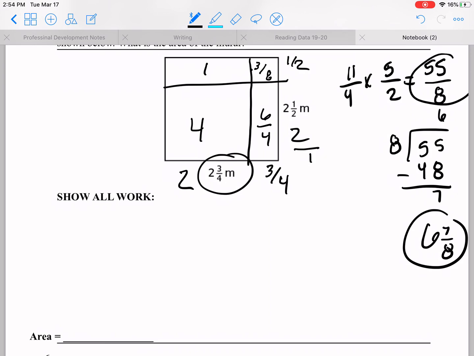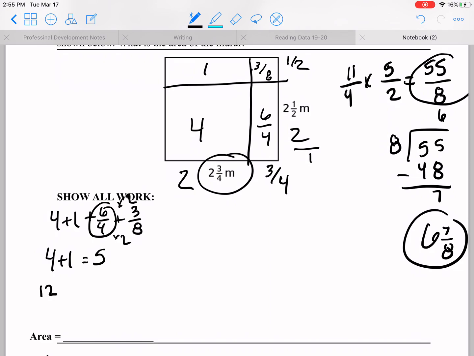And this one's not too bad because I end up with 4 plus 1 plus 6/4 plus 3/8. So the only denominator I have to convert is this one right here, which means I'm going to have 4 plus 1, so I know that's 5. And then fourths can easily go into eighths, so I'm going to multiply by 2 and by 2.